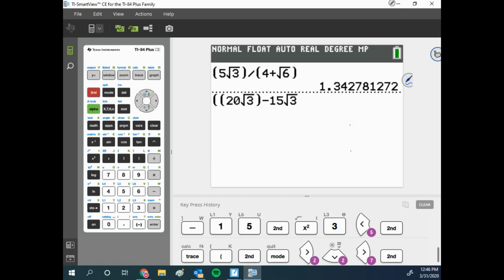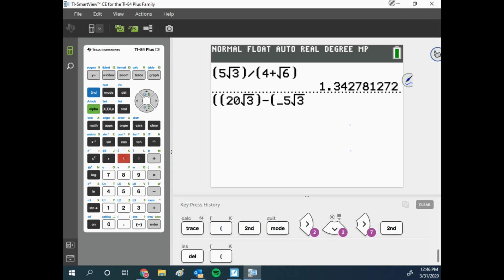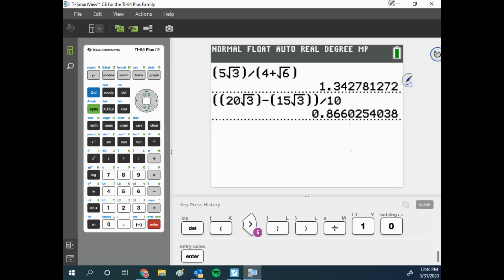Insert bracket. Okay, so then I close the bracket around the term, close the bracket around the numerator, and then I'm going to divide that by 10. And I should get the same decimal, but I didn't, so I did something wrong. Oh, I see what I did wrong. I put a root 3 here rather than a root 2.